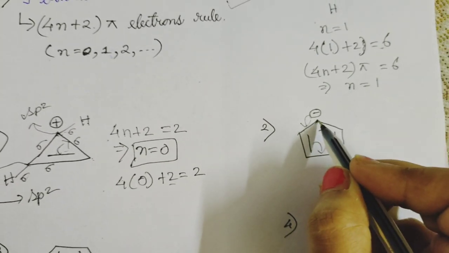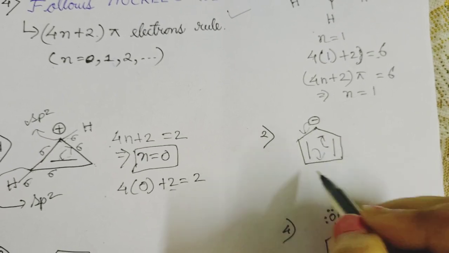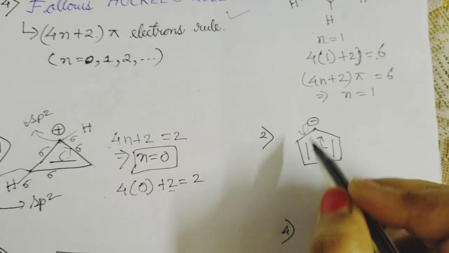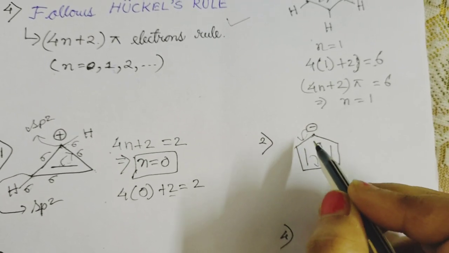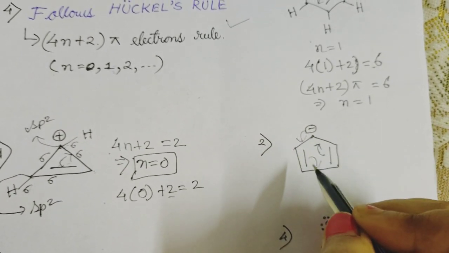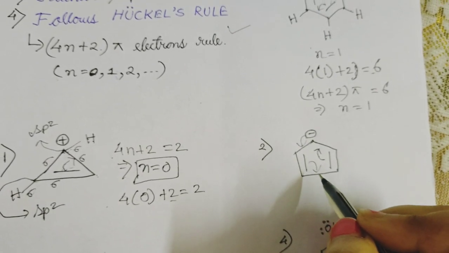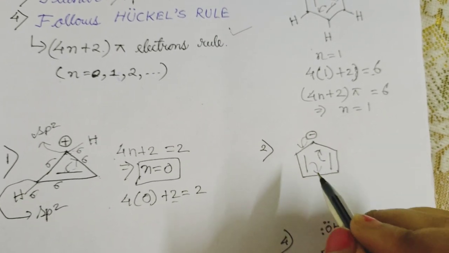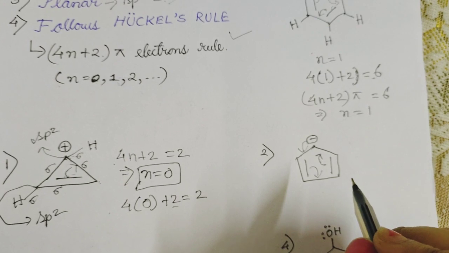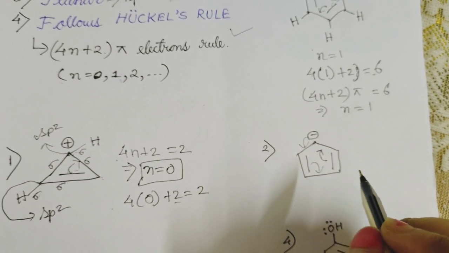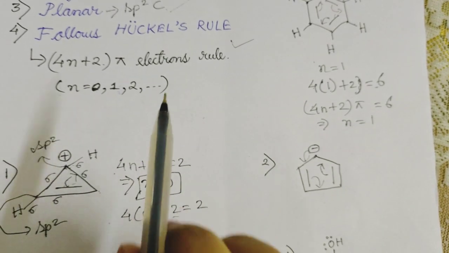See, here also the carbon atoms are all sp2 hybridized. Hence this is a ring, and all carbon atoms are sp2 hybridized. And the pi electrons, including the negative charge, are all in conjugation. So it can be aromatic, but to meet aromaticity, it has to follow the last but most important rule, that is Huckel's rule.